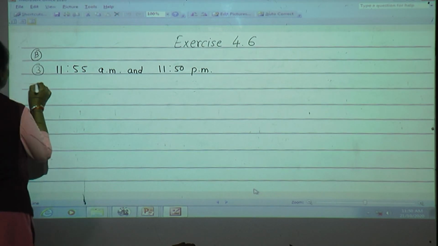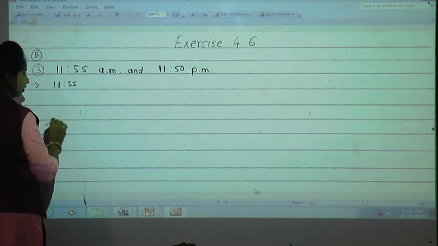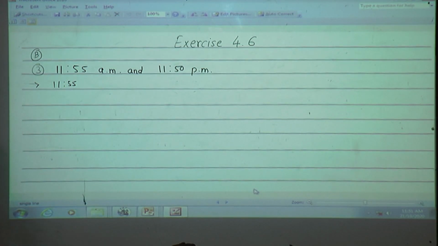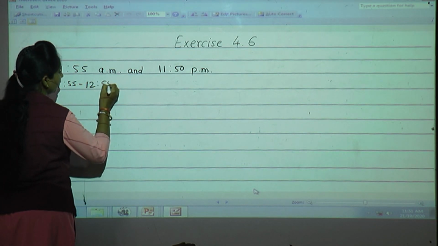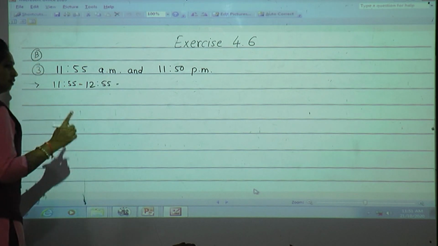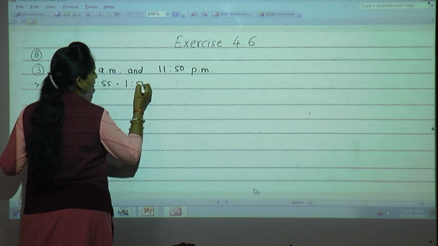Yes, see, first write 11:55. After 1 hour it becomes 12:55. Then if we add 1 hour, it is 1:55.